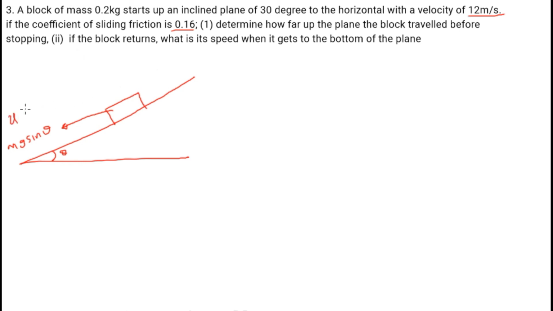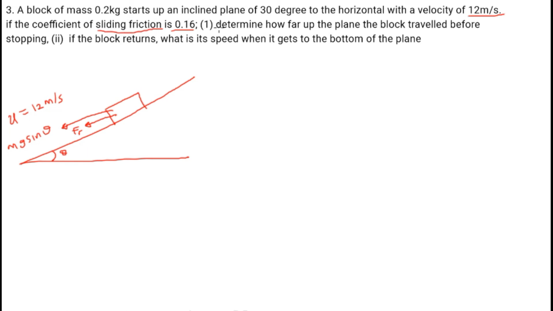Let's say the initial velocity is u, 12 meters per second. So the object tends to move upwards. If the object tends to move upward, then there will be a frictional force opposing it, which will be downwards. Since it has a sliding friction, the surface is a frictional surface.